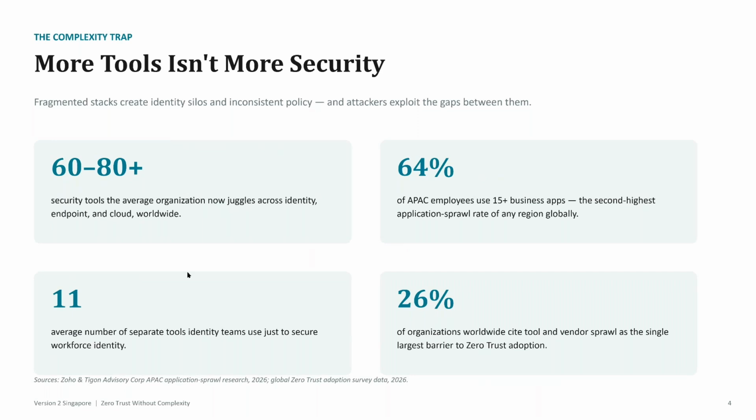And 36% of organizations worldwide cite tools and vendors as the single largest barrier to zero trust adoption. So zero trust has been talked about for quite many years. People start to believe in it, try to implement that, partly or fully, but actually it's not that easy.